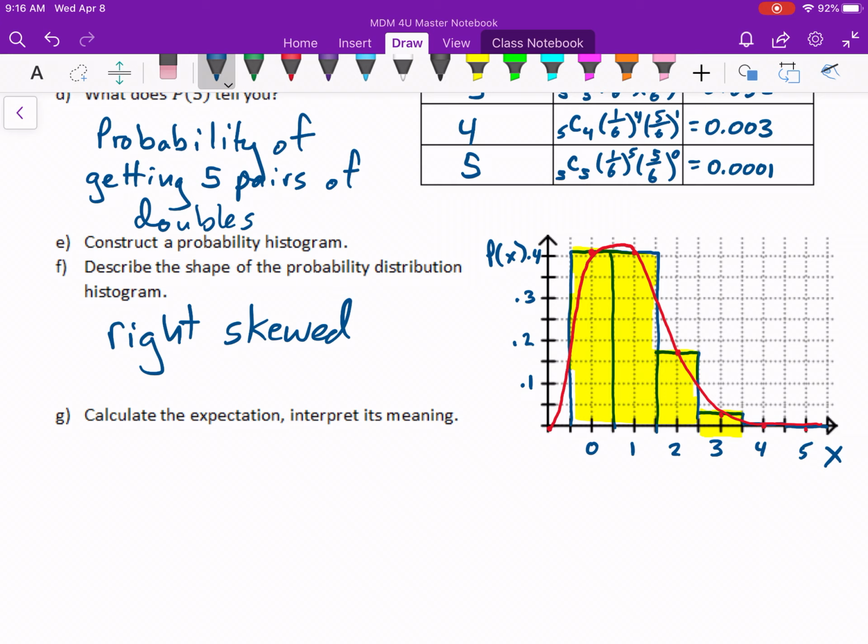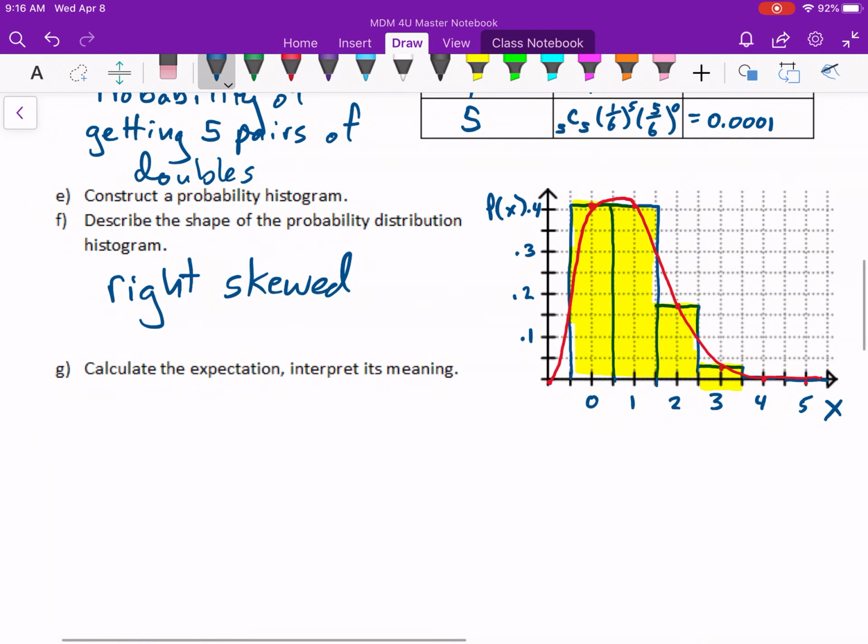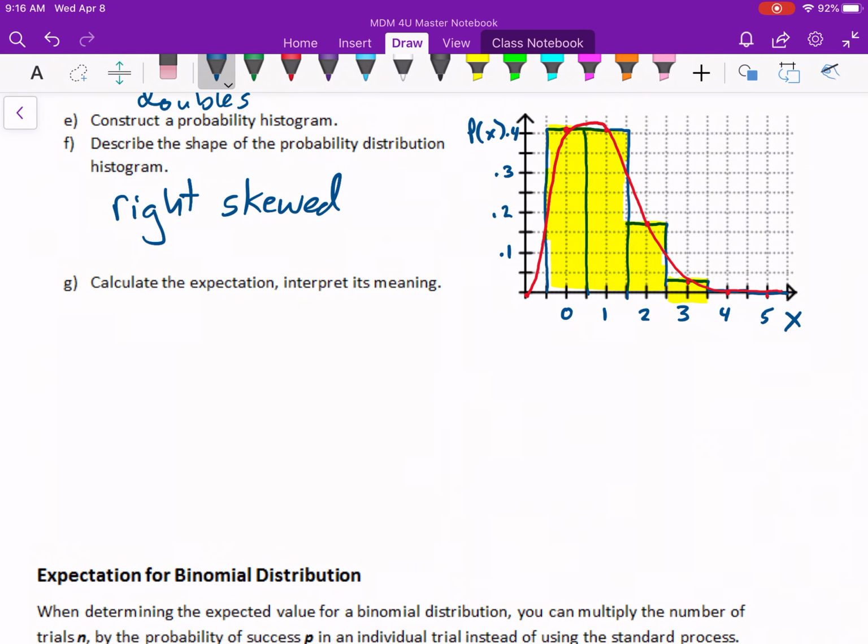Now we want to calculate the expectation and interpret its meaning. That's the last part. So going back to the formula for expectation that we had from the first lesson of this unit, we're going to do x times p at x. So first x was 0, and the probability of getting 0 pairs of doubles would be 0.402.